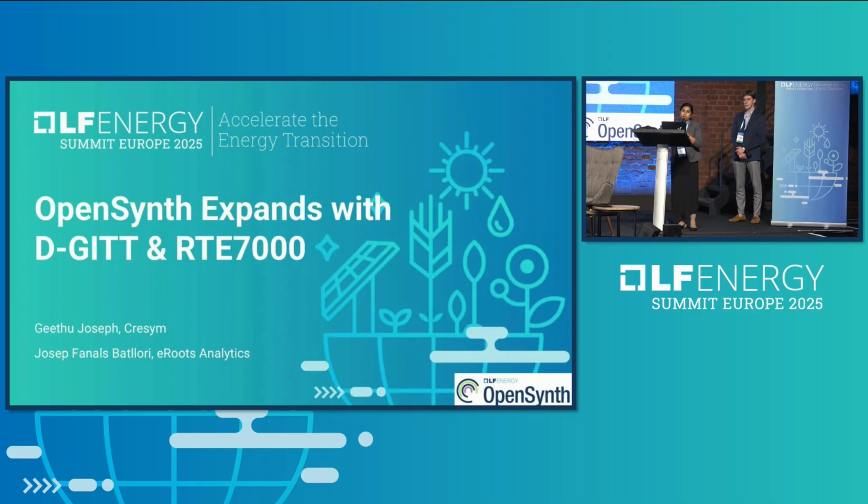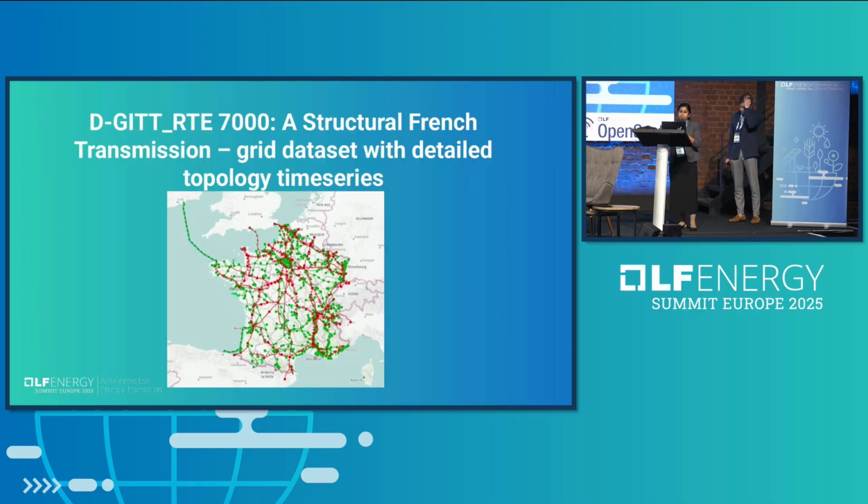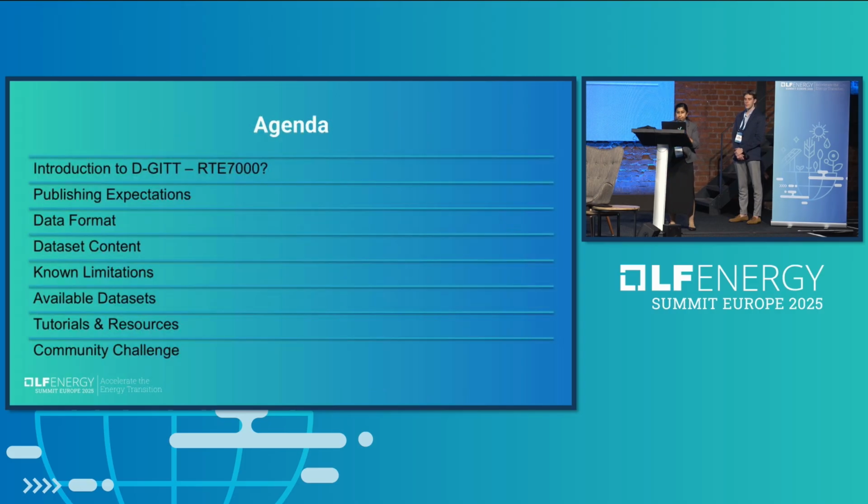Initially, OpenSynth focused on synthetic demand data, and it has now expanded its scope to become broader open AI energy data, including real-world data from RTE, the French TSO, in partnership with CRESYM.